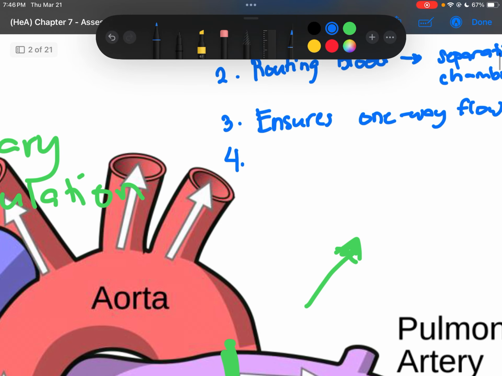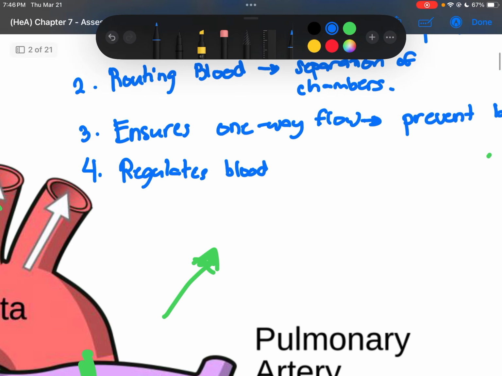And lastly, it regulates blood supply. How does it regulate blood supply? There are two primary mechanisms. The first is the rate, otherwise known as our heart rate.